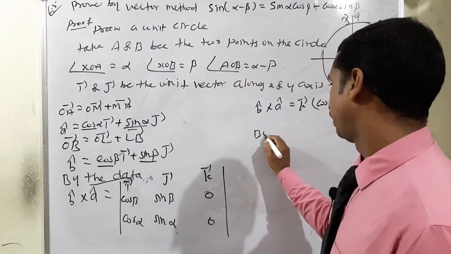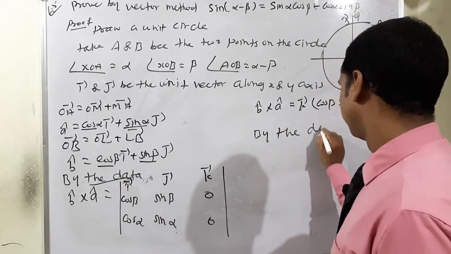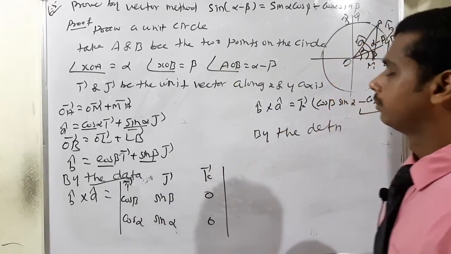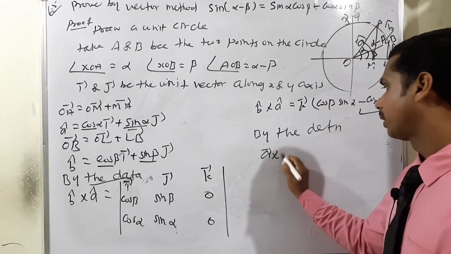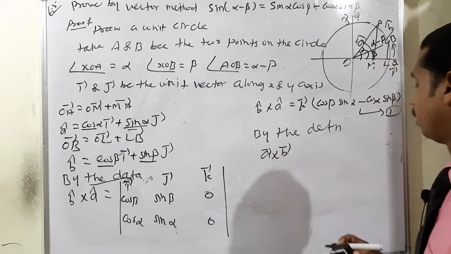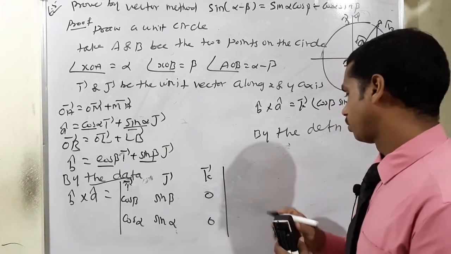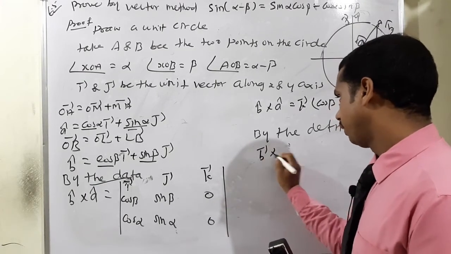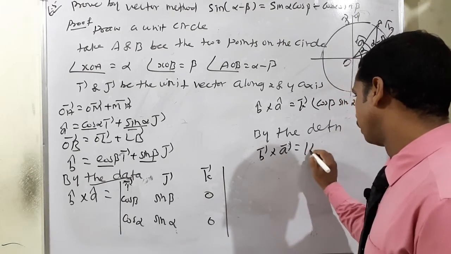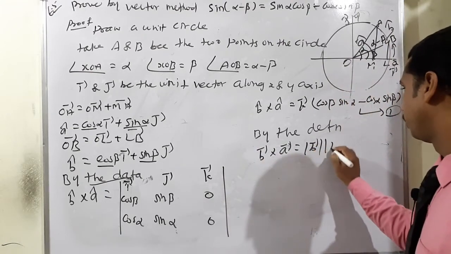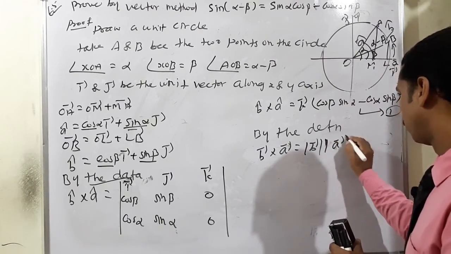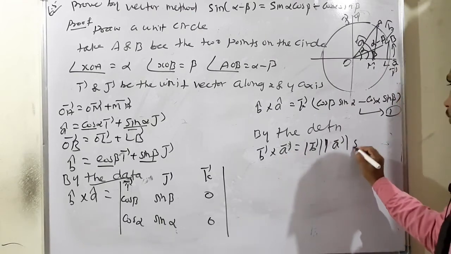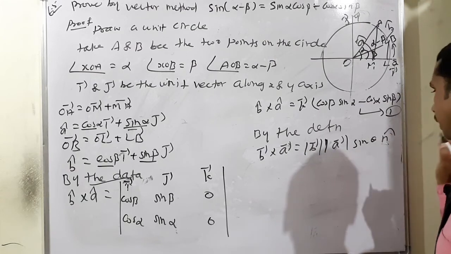As usual, by the definition, already we know the cross product means A vector cross B vector. But here we start with B, isn't it? So B vector cross A vector means modulus of B vector into modulus of A vector into sin theta n cap.